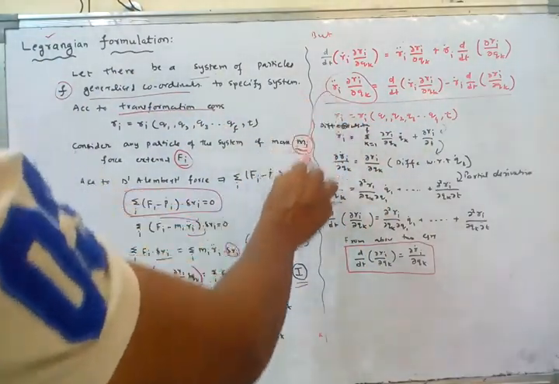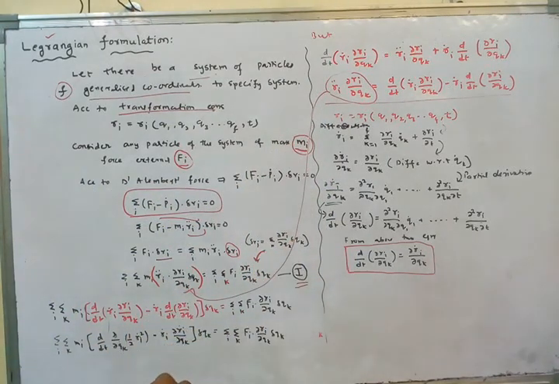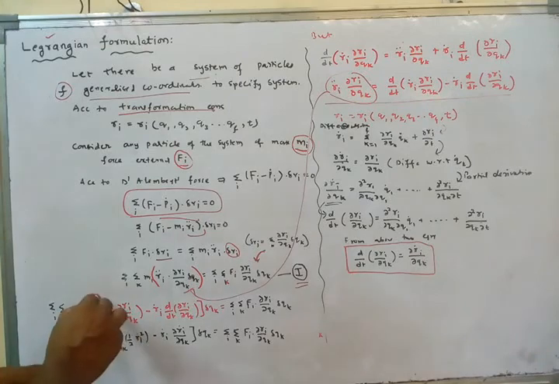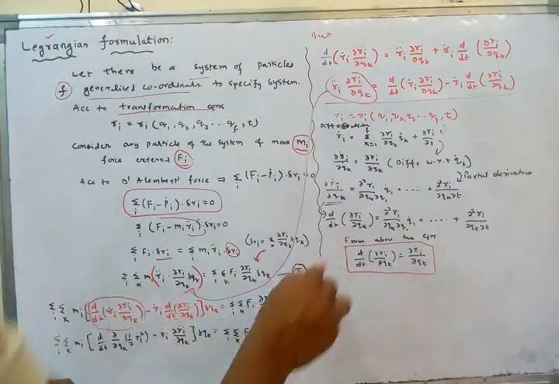We substitute here, and after substituting, we have sigma k mi d by dt of Ri dot dou Ri by dou qk.